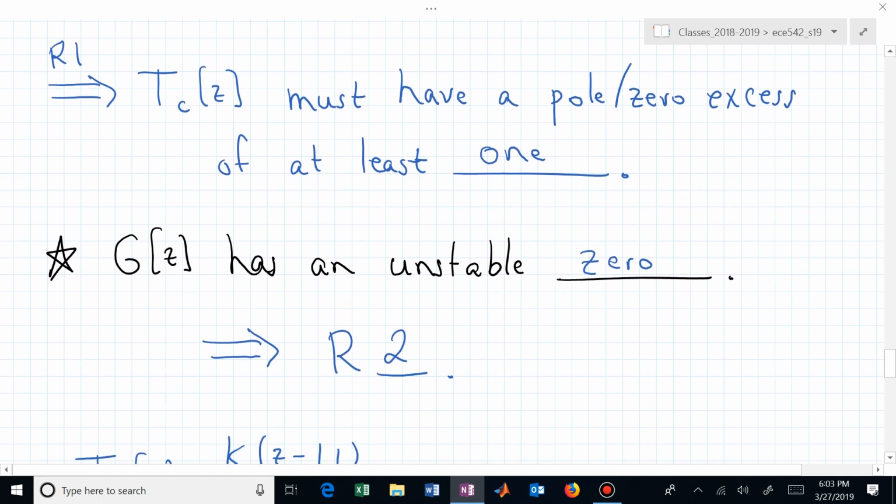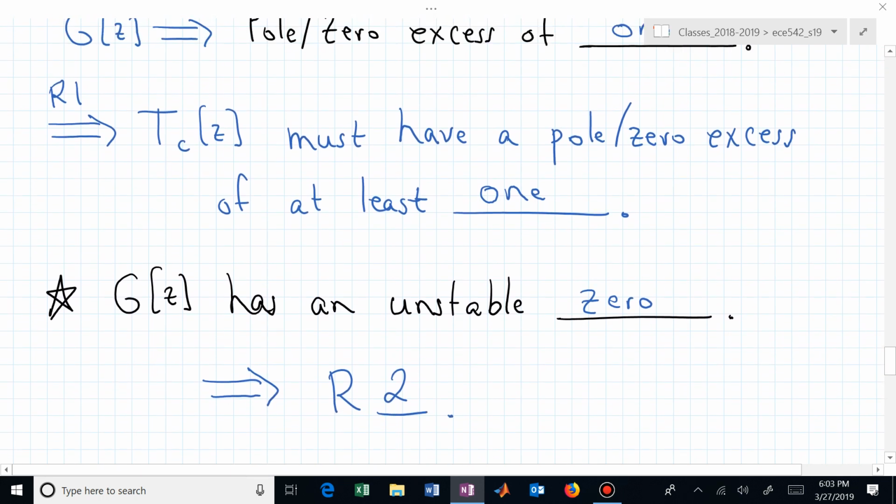So now we have restriction 2, and what does restriction 2 mean, or what does that impose on our system design? It's called a restriction. What does it mean? If restriction 2 is in play, what do I now have to do?